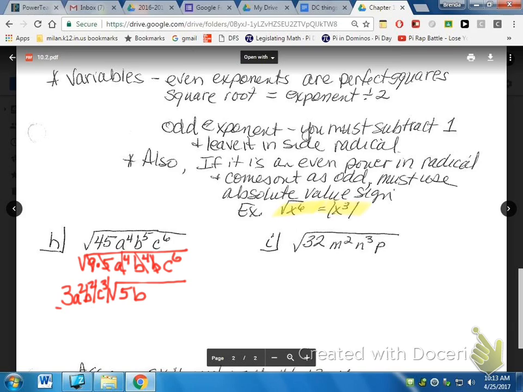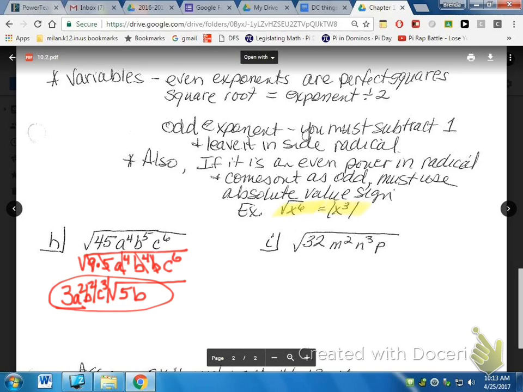And that would be the end of that. Questions? Olivia. Every power, you divide by 2. The evens divided by 2. If it's an odd, you have to keep a leftover in there.